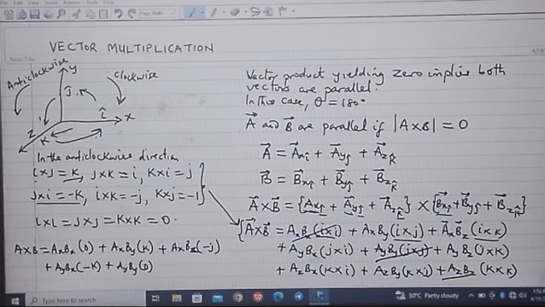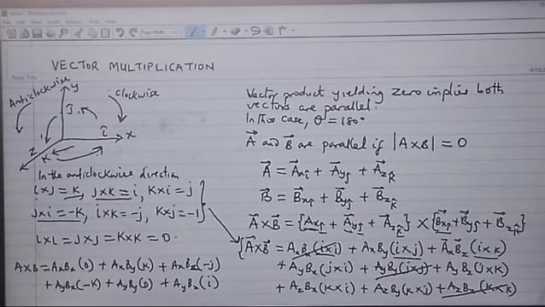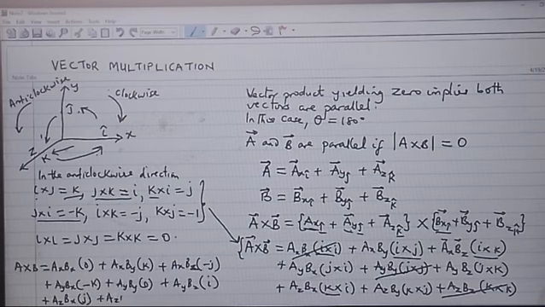We have plus AY BZ into J cross K is I, so we say I, plus AZ BX into K cross I. K cross I, we look for it here, is J. We replace it with J, plus AZ BY. K cross J, replace it with minus I.